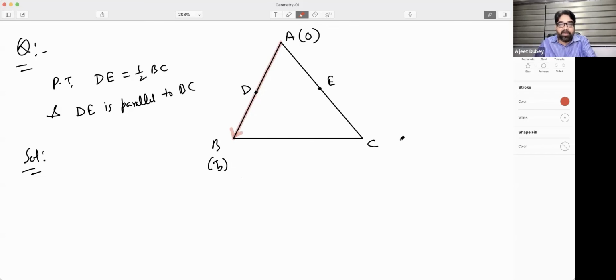Let's say this is the C vector. Now, D is the midpoint of the 0 vector and B vector. Can you tell me the position vector of D? Sir, vector B upon 2.